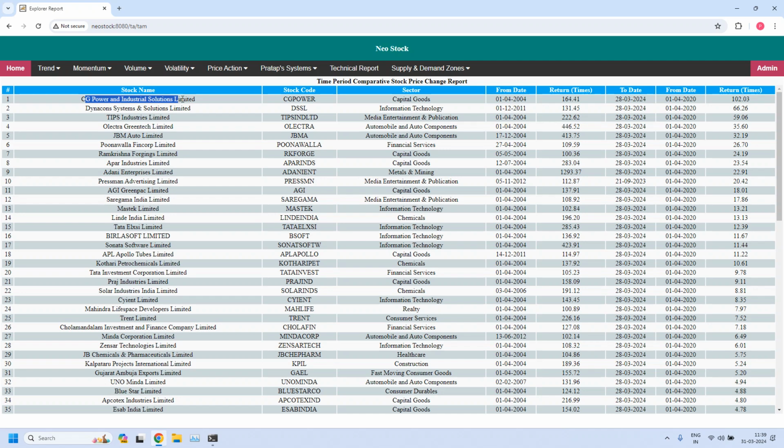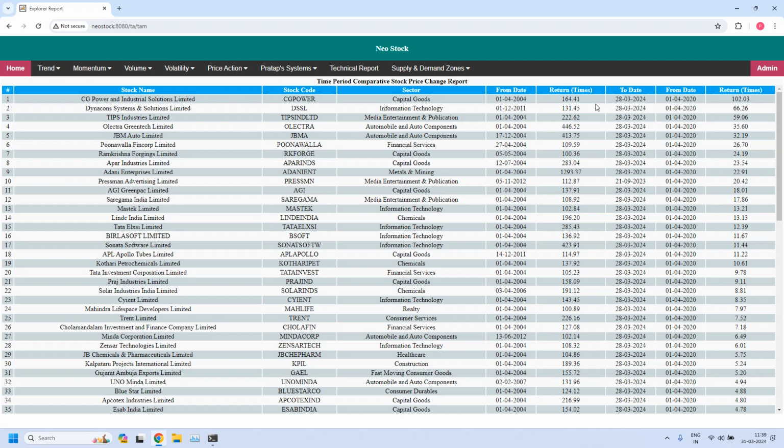So CG Power has given a good performance. Maybe 20 years back it might have made you Crorepati if you would have invested today. But recently, its performance is 1 or 2 times. But here you need to observe one point. Most of its return is given in the recent time. That means this stock performed mostly after the pandemic, I mean from the pandemic onwards.